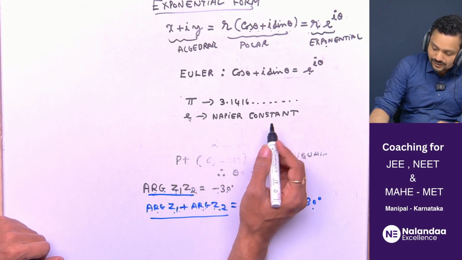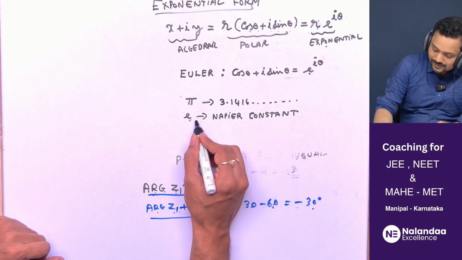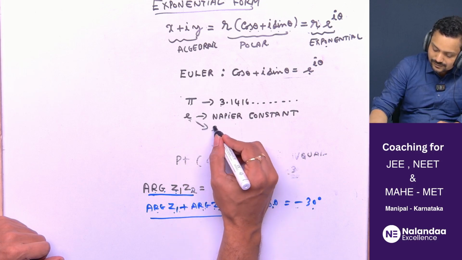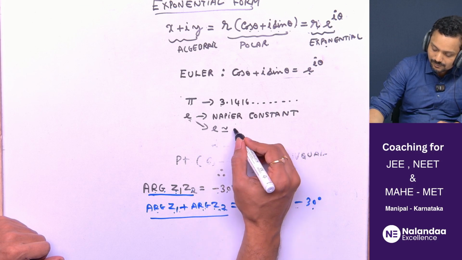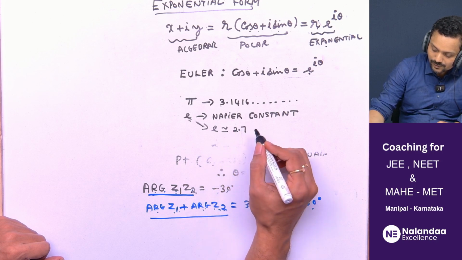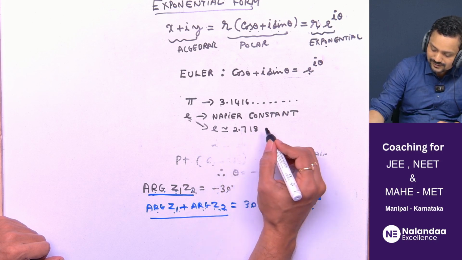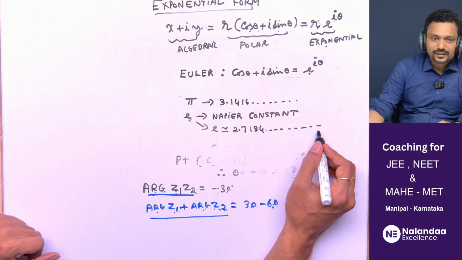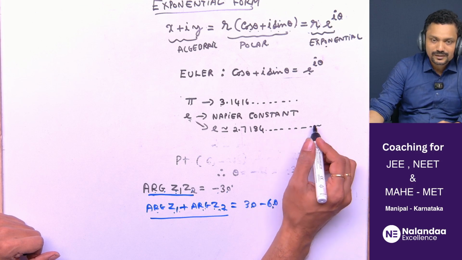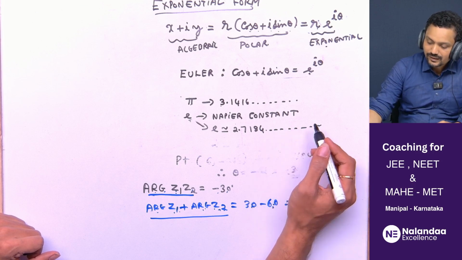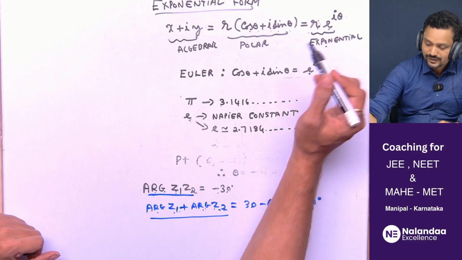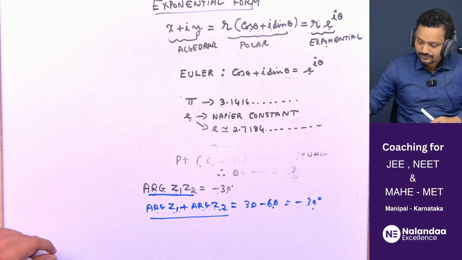This e is called Napier's constant, and just like pi, e is also an irrational number, and its value is approximately 2.7184, etc. It is a non-terminating, non-recurring decimal. This e is actually used in exponential form.